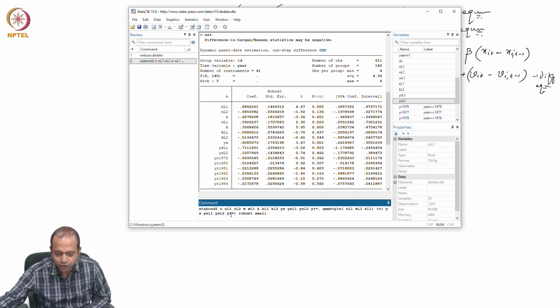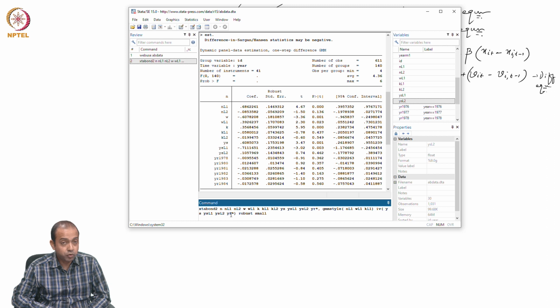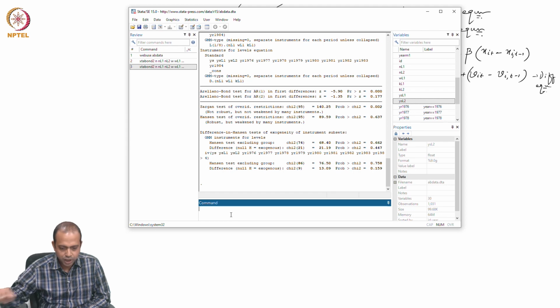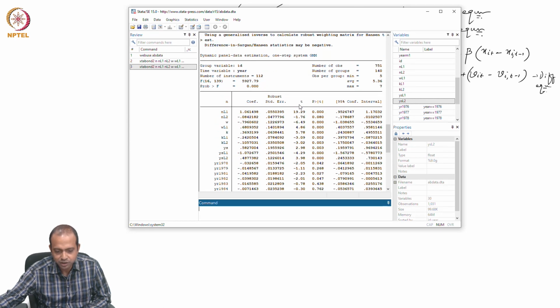I am removing the no level option because if I remove it, I am considering the level equation also as a system of equations. Earlier I was considering only the difference equation, that is why no level. And if we do so, then what is happening? My coefficient is going beyond 1. So, this is also problematic.